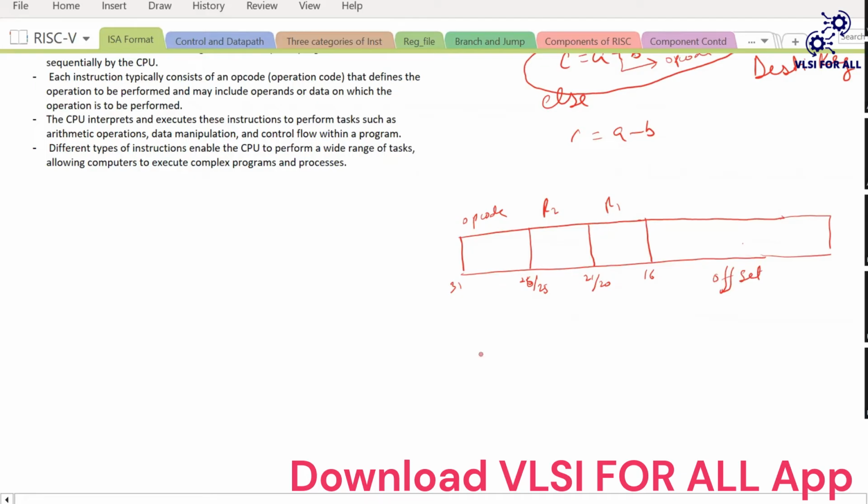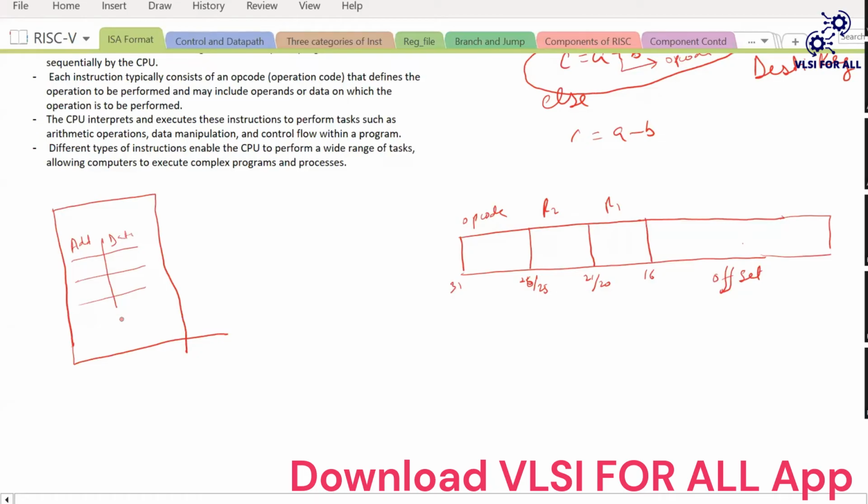So what happens in load store is, those who do not know read write, understand it here. Let's say in a memory, this is our address, this is our data.